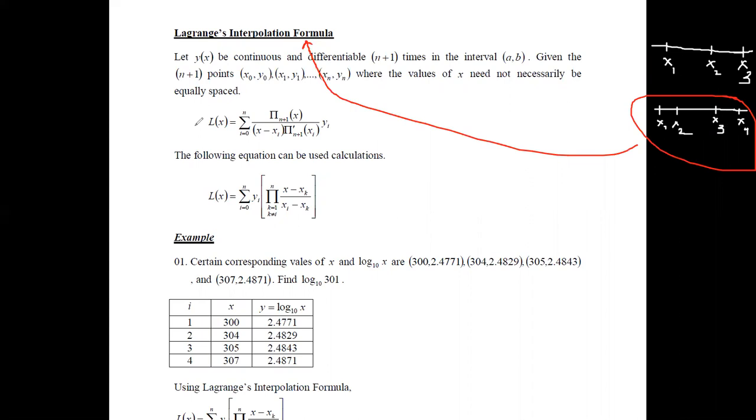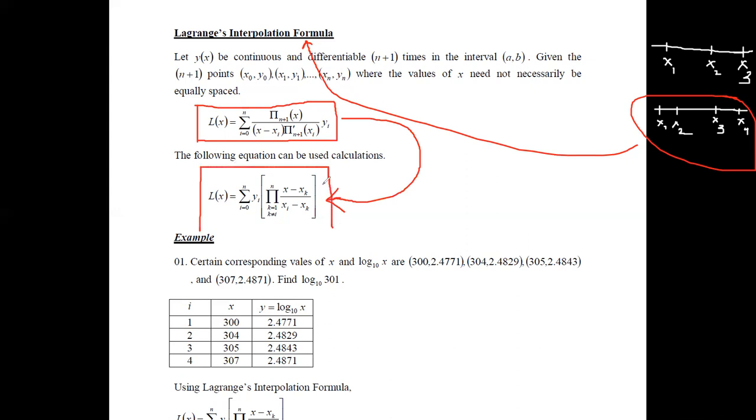The Lagrange interpolation formula can be written in this form, but for the calculation, we can modify this and convert the equation into this form. Therefore, in the calculation procedures, we use this form as Lagrange's interpolation formula.